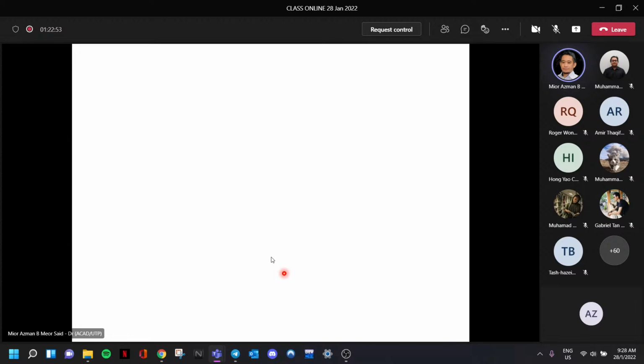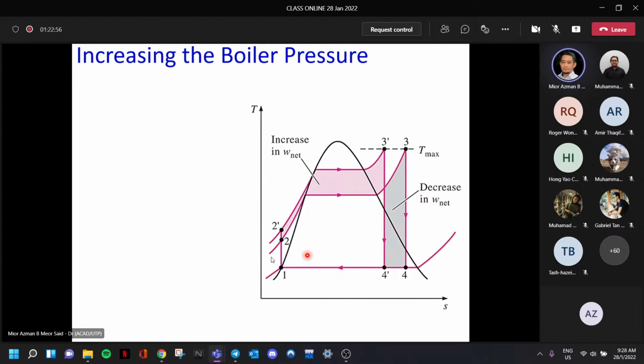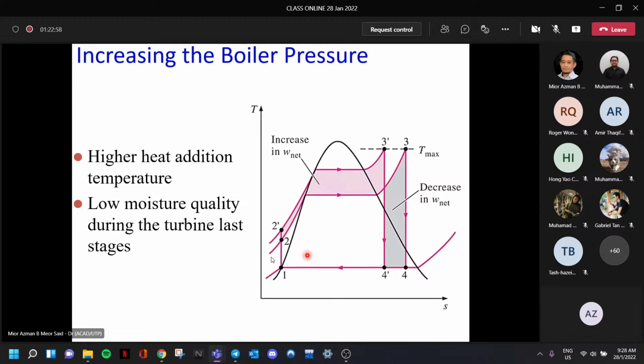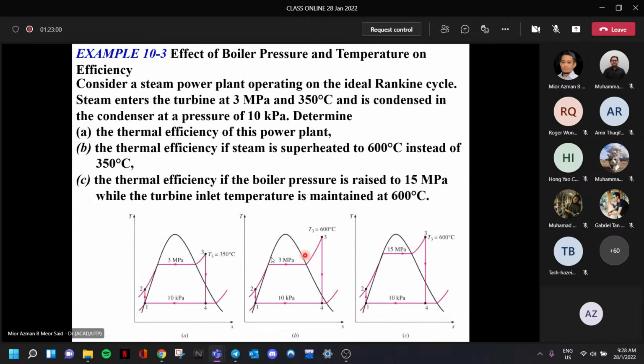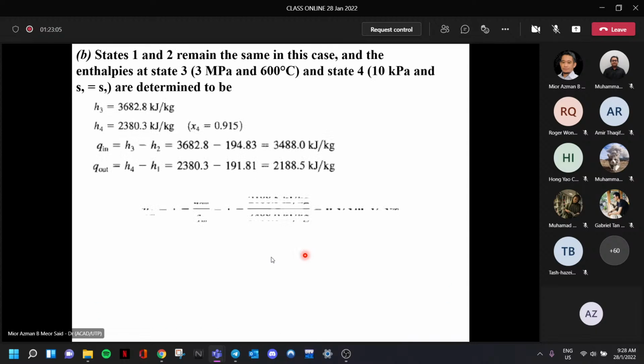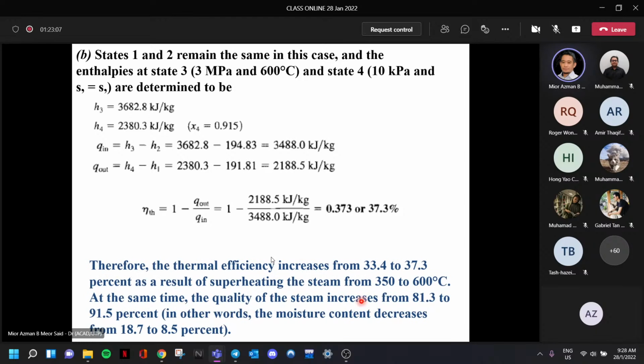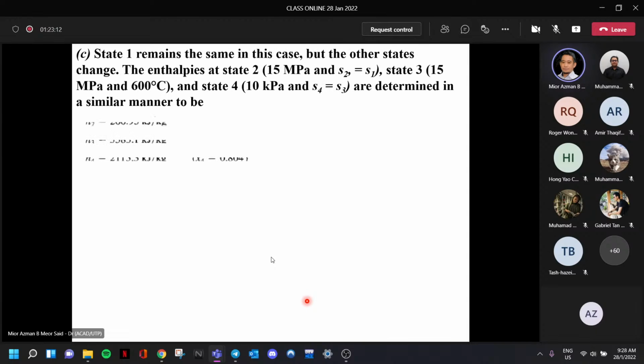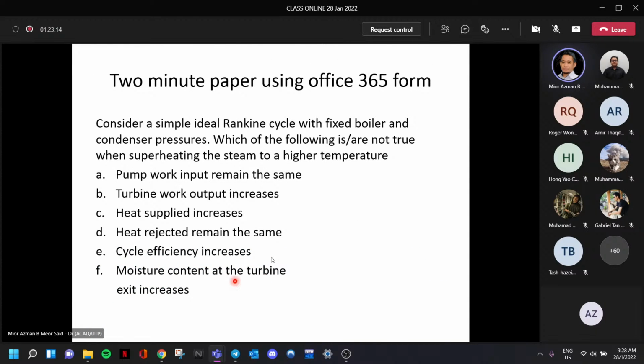Like we saw in the example, the moisture content increases. So that's the effect on efficiency of the three methods that we just solved. Any questions so far on this?